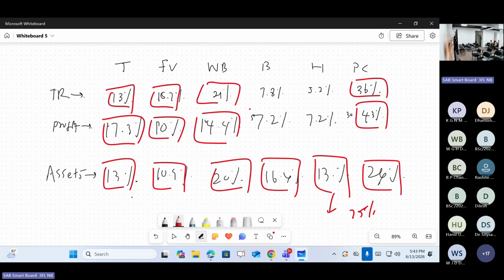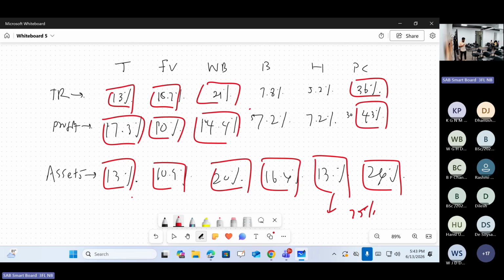How much is it? More than 10, right? Then total assets.